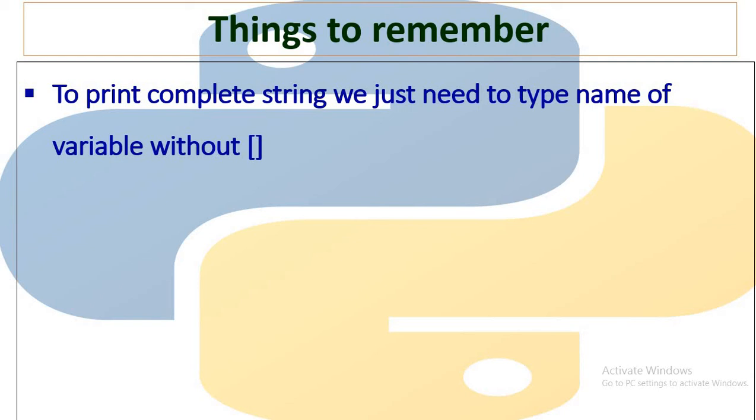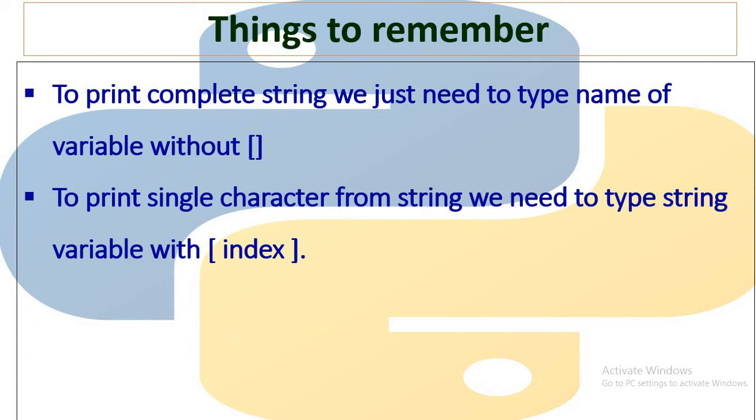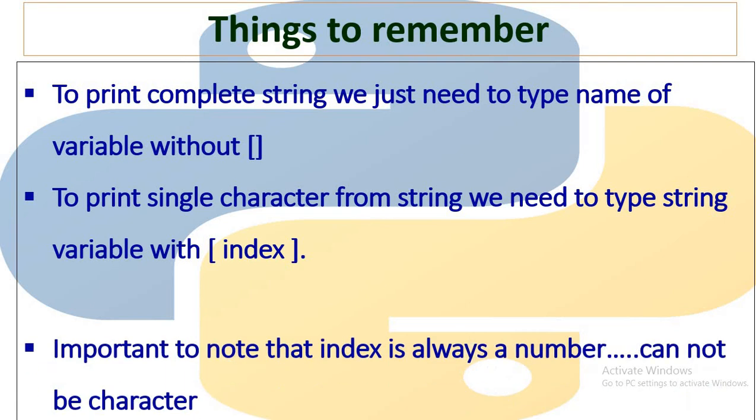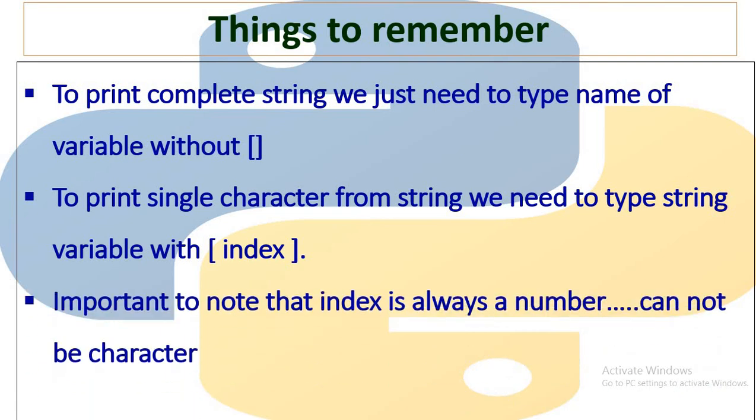When you want to print a complete string as it is, don't use this operator, simply type the name of that variable. To print a single character from a string, we need to type the string variable with an index. And remember, the index, the position that we are giving to print an individual character, is always a number, negative or positive. This index cannot be a character.